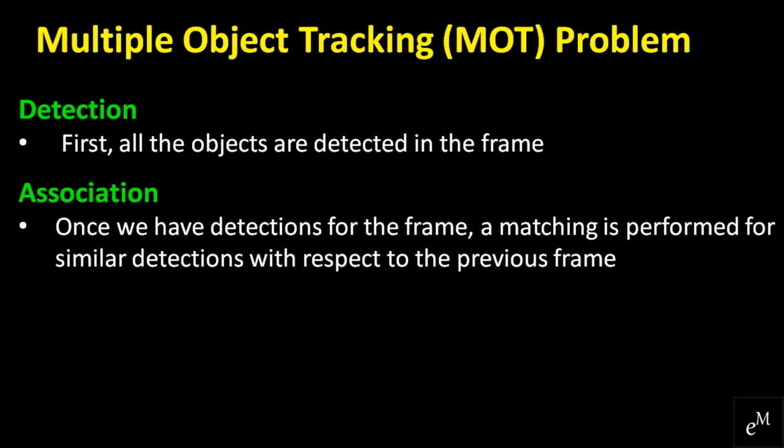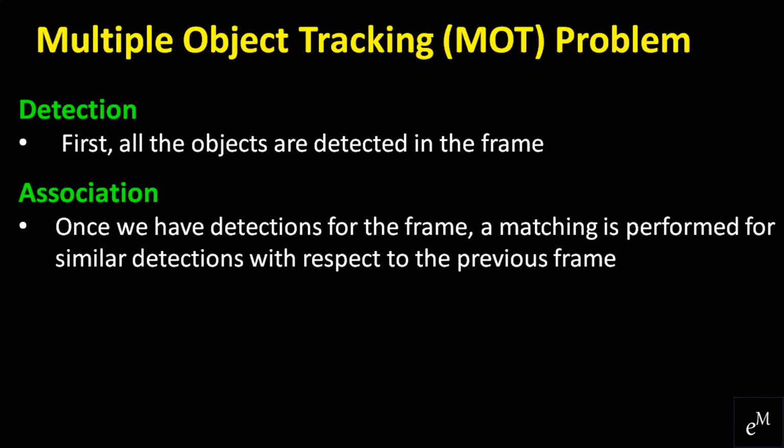In multiple object tracking problems, in order for us to perform object tracking, there are two generic steps that include detection and association. First, all the objects are detected in the frame, and these can be single or multiple detections performed by different types of algorithms or different types of convolutional neural networks.